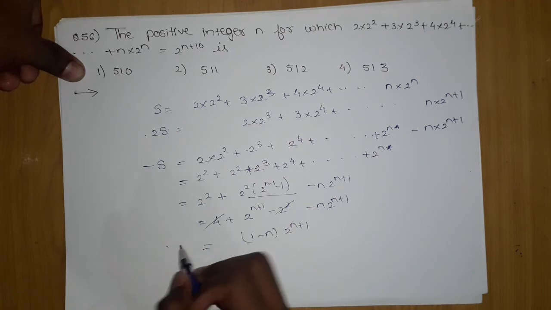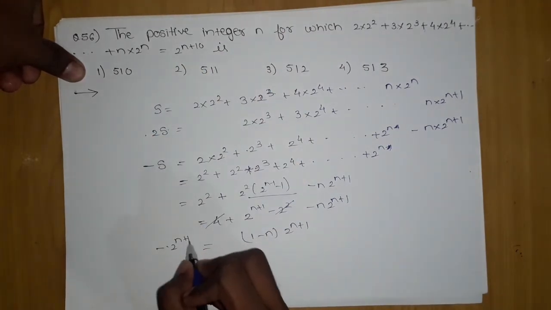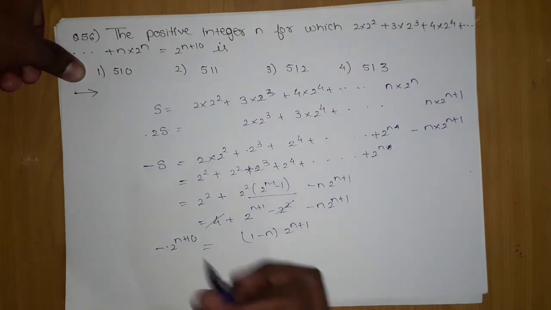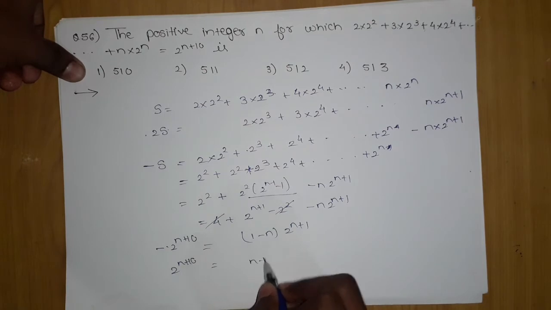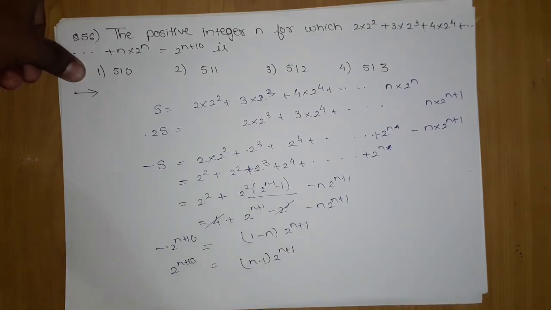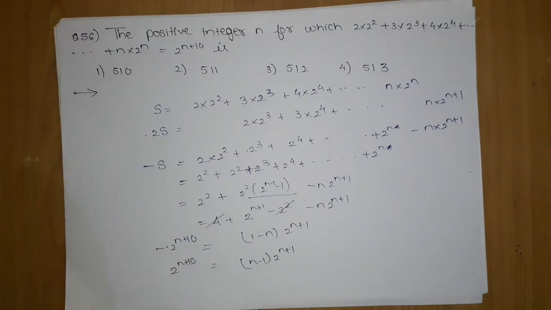This is minus S, and we know the S is nothing but 2 power 10, so minus 2 power 10. And here if I give this minus sign, this 2 power 10 will be n minus 1 into 2 power n plus 1. Okay, and we can do a little bit of manipulation, but you should be able to understand that I can write this thing in this manner to make it simple.